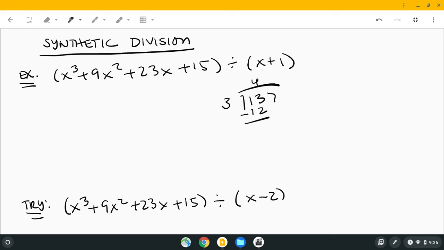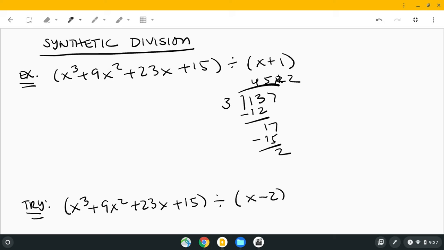And I get 1, 7, 5, 2. So I get a remainder, right? I get remainder 2. That's an R. So I get 45 remainder 2. So then I can say that 3 is not a factor of 137, because we got a remainder.